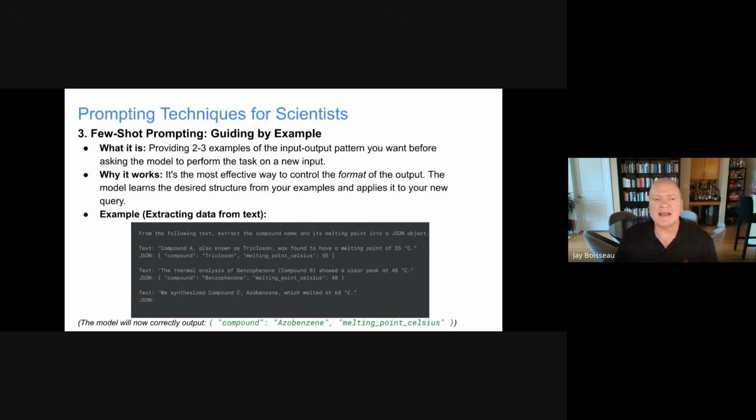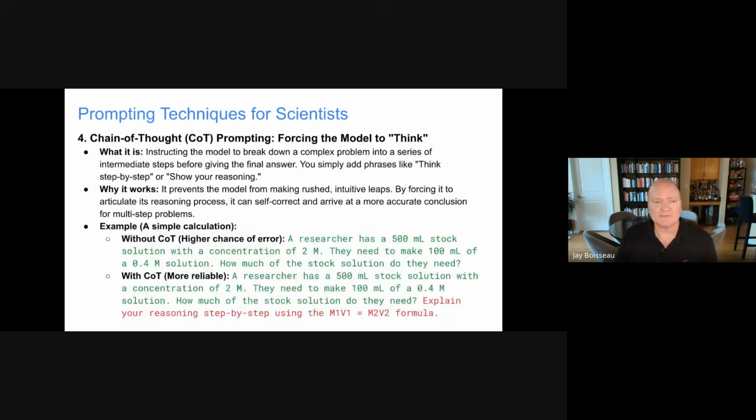You can provide examples of the input-output pattern, and then it can replicate that. It's the most effective way to control the format of the output, by giving examples of the output. And this was for extracting data from text, so this can be a really powerful way of extracting something from examples.